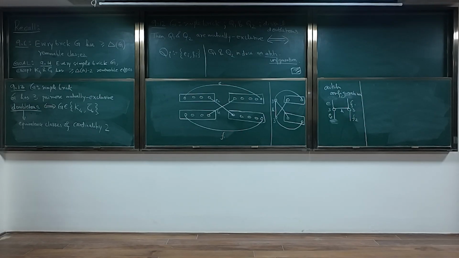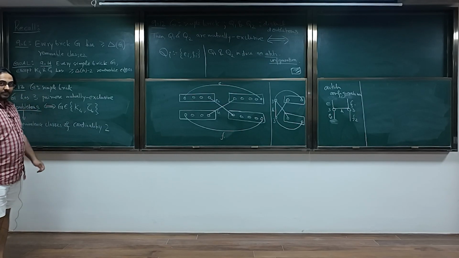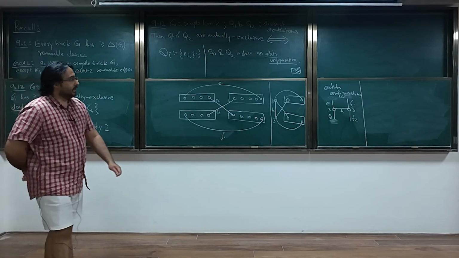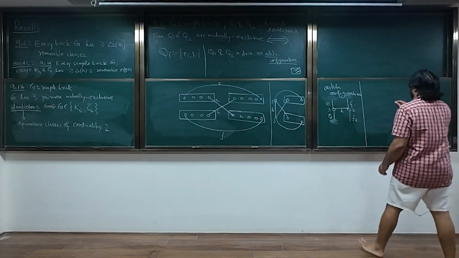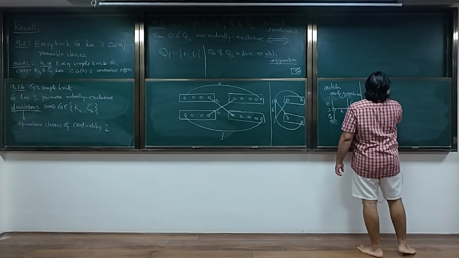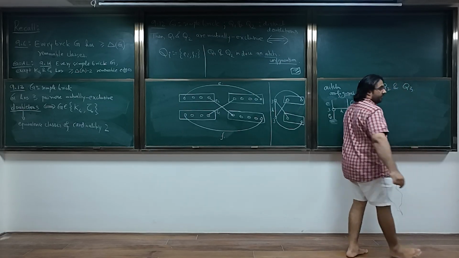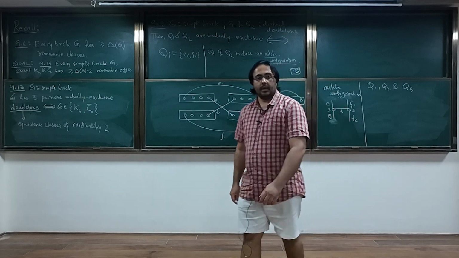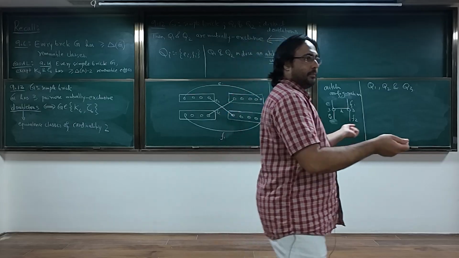And now let us use this to observe this. Now I have Q1, Q2 and Q3. They are pairwise mutually exclusive doubletons. So I can apply this lemma for each pair.